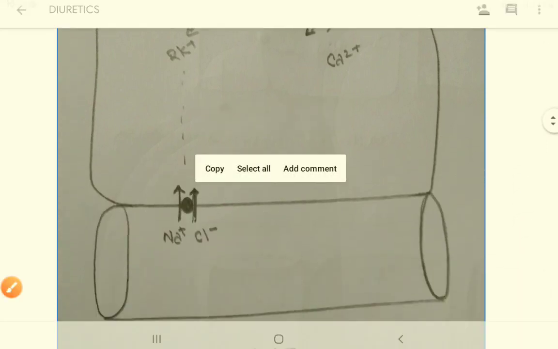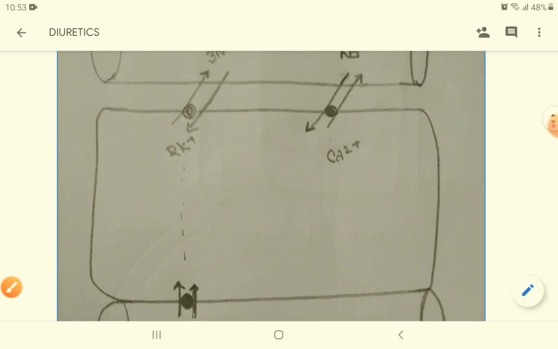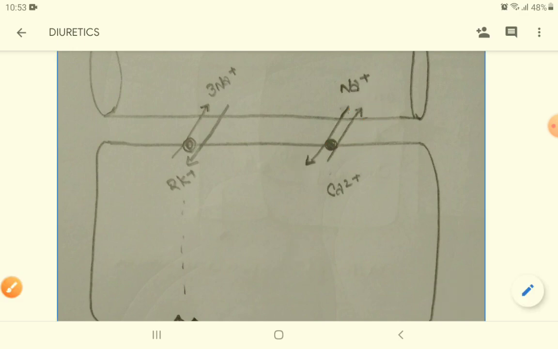Calcium is reabsorbed more from this area. So more calcium will be reabsorbed, and more sodium will come here. The ultimate result will be hypercalcemia.